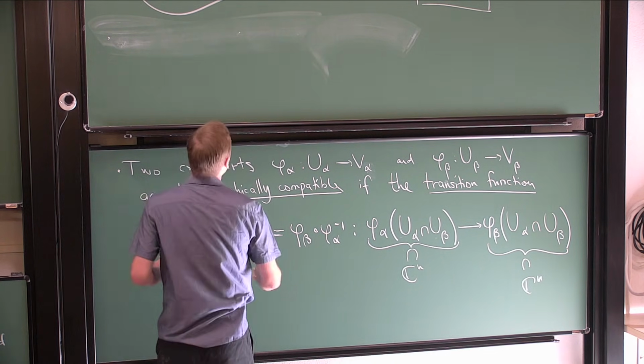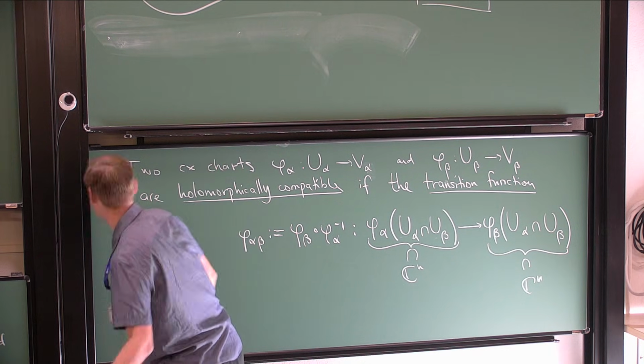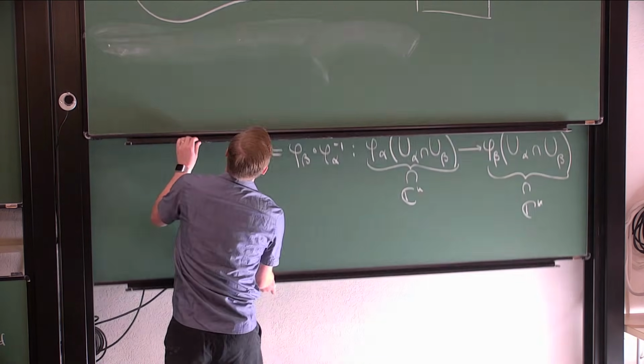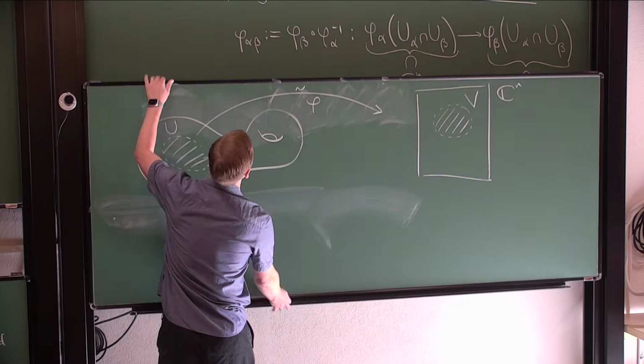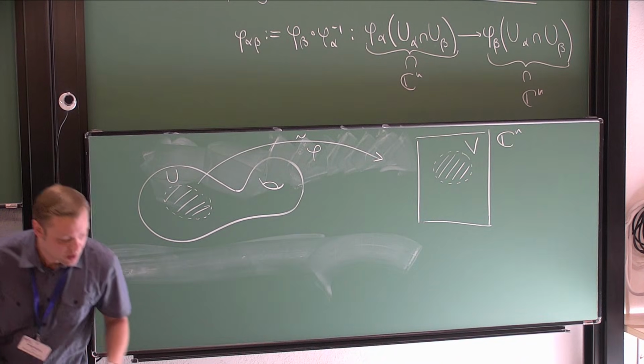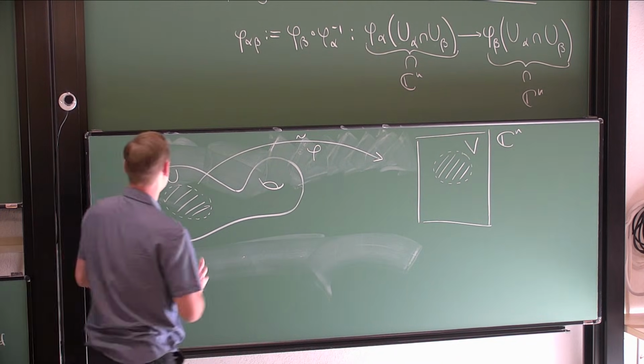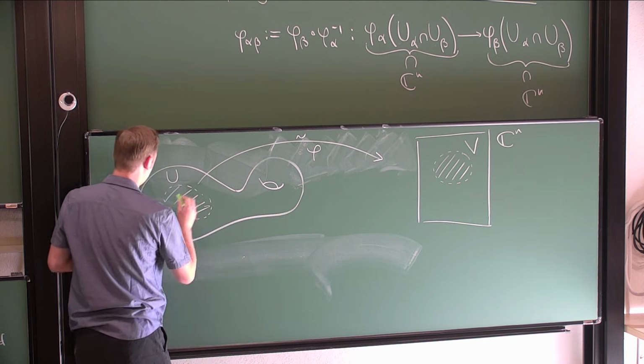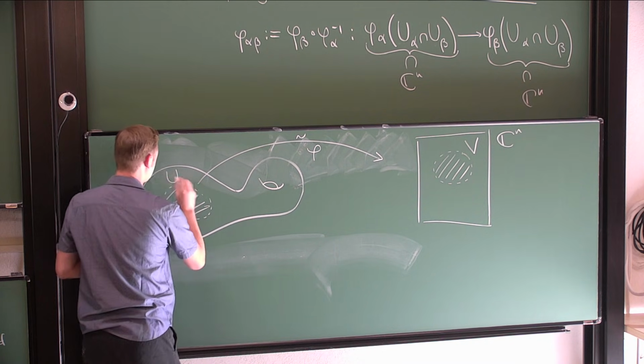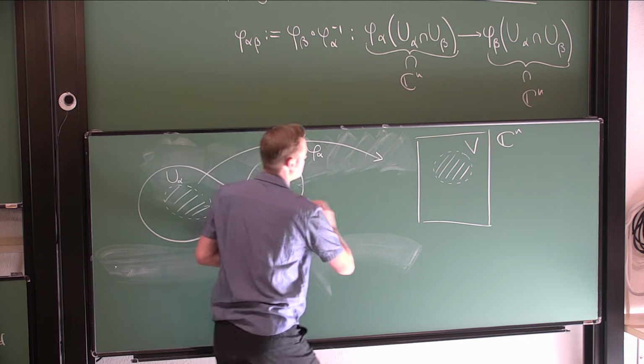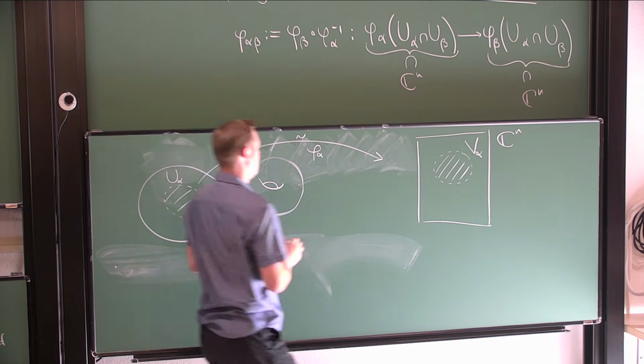So let me draw this, just so that you have an image of what's happening. We use green. So maybe I'll call this U. This is going to be my U alpha. This is my V alpha.